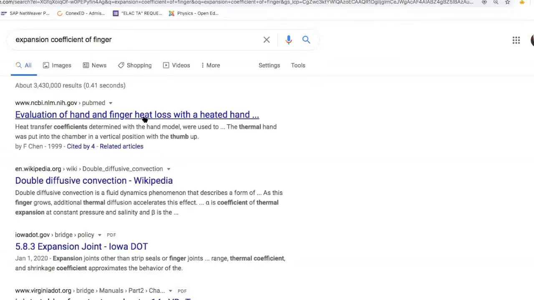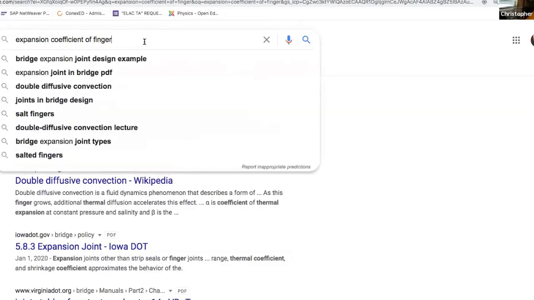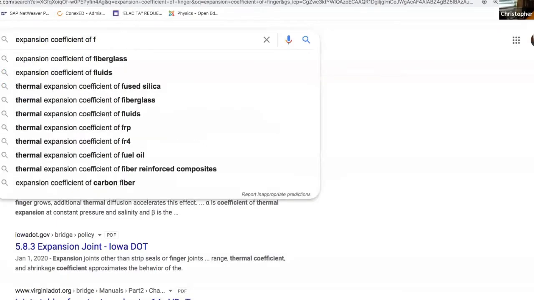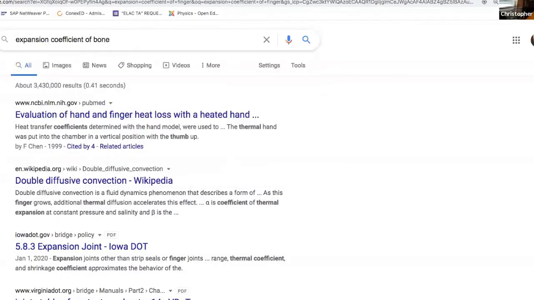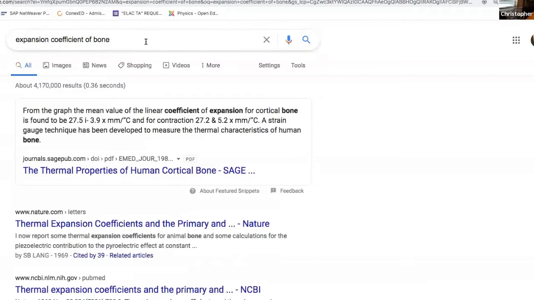Evaluation of hand and finger heat loss with heated hand. Okay, let's just put a bone. What if you try skin? Yeah, but the skin is so malleable that even if your skin expands, you can squeeze it. So the bone is what determines if you can take the ring out, probably.